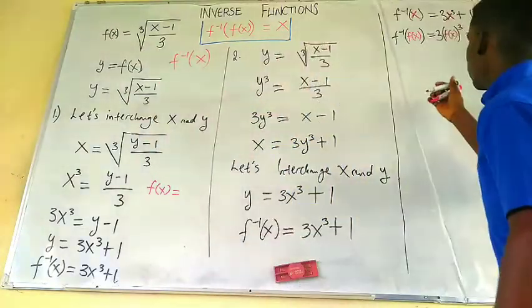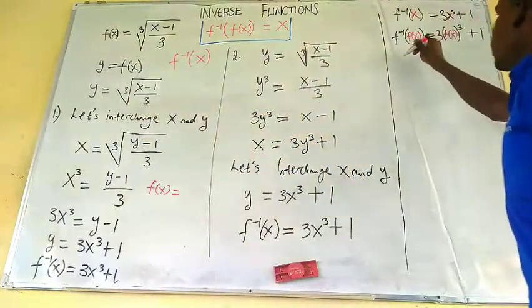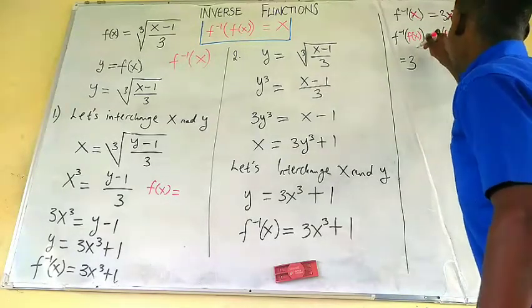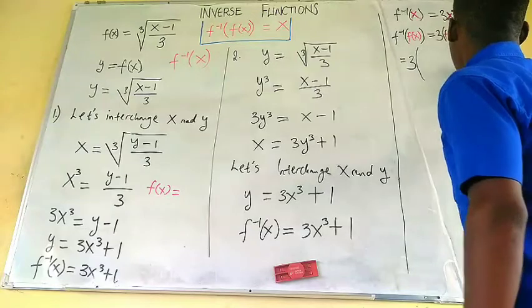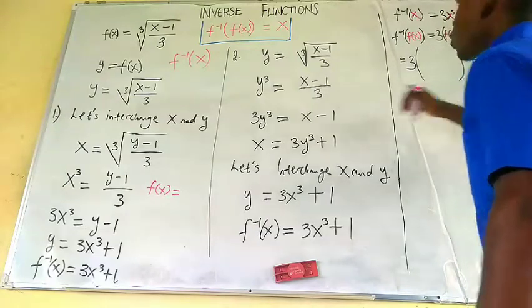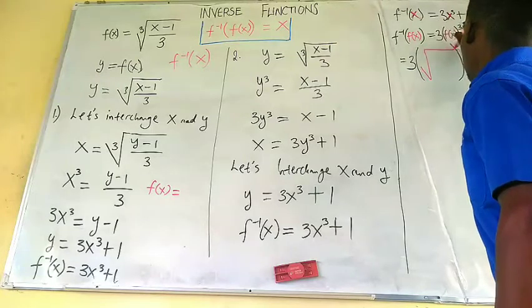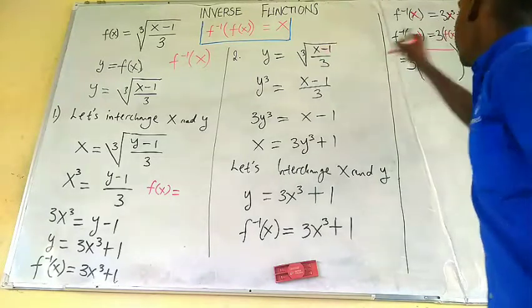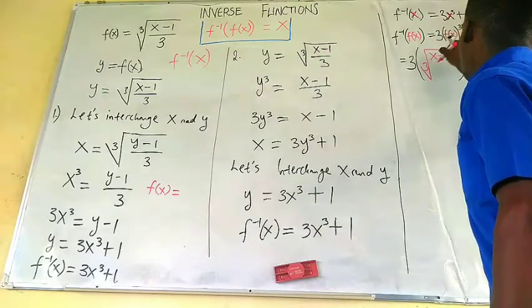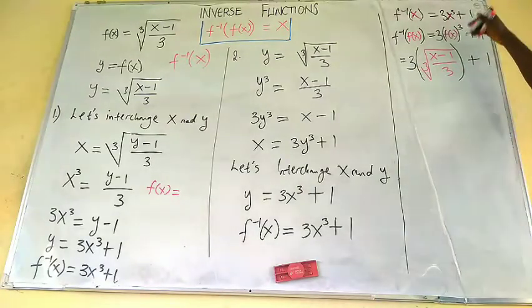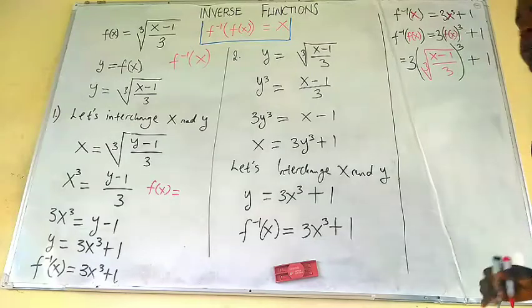So we just have it that f inverse of f of x will now become 3 times, now in place of f of x we put the whole of that and we add 1. So what was that? That was just cube root of x minus 1 divided by 3. And this is 3 here, so we just put it to power 3, alright?